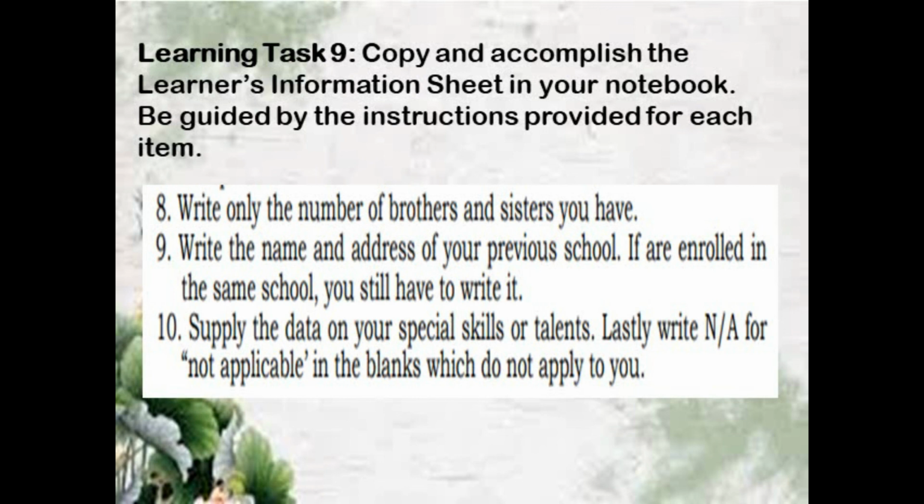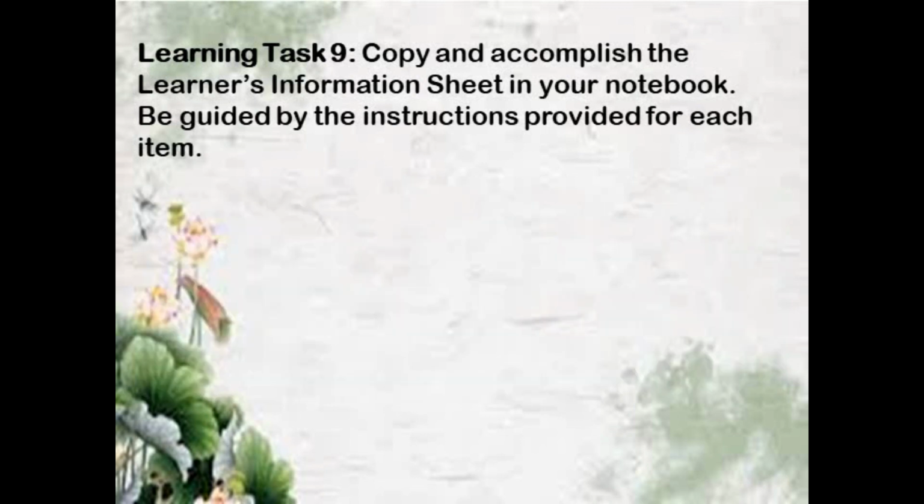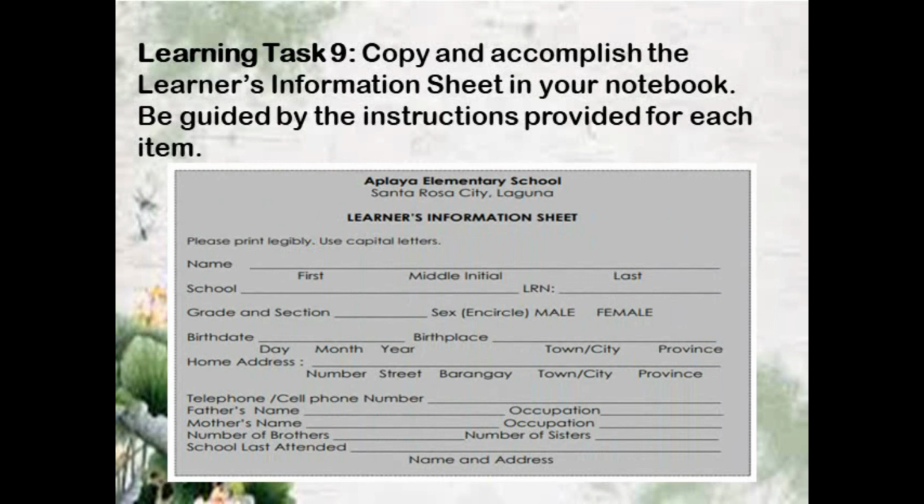If you are enrolled in the same school, you still have to write it. 10. Supply the data on your special skills or talents. Lastly, write NA for not applicable in the blanks which do not apply to you. This is the form that you are going to accomplish.